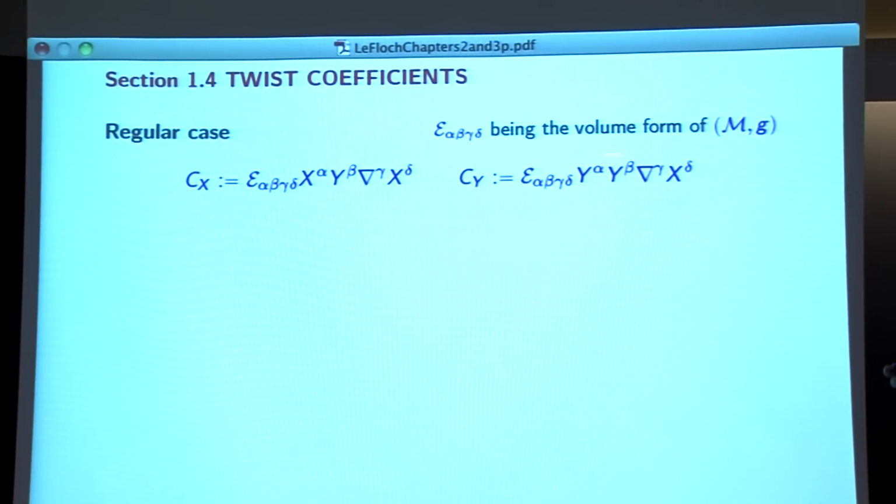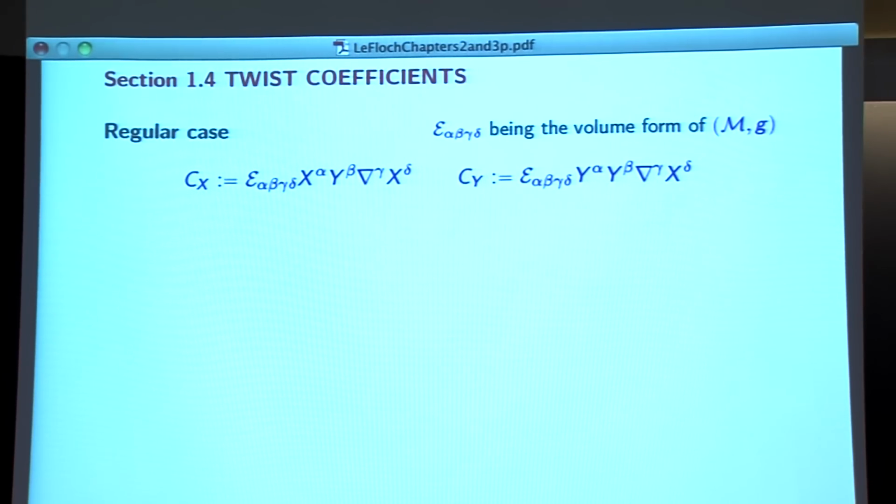Epsilon is a volume form on your manifold, and you contract the vector fields, your Killing fields, and the derivative in a certain way. There are 2 different ways you could do that, and so I call these Cx and Cy. These are scalar quantities defined on the spacetime. They will turn out to be constants, but at this moment we just know they are functions on the manifold.